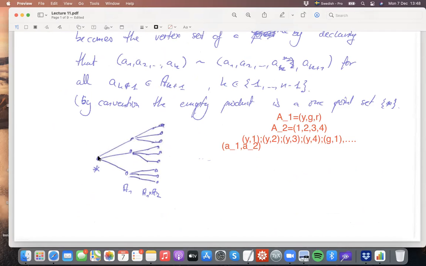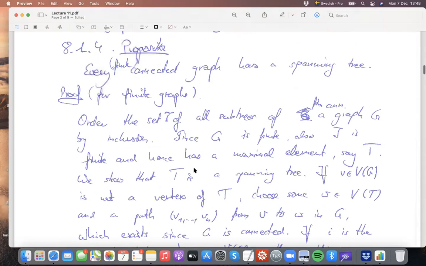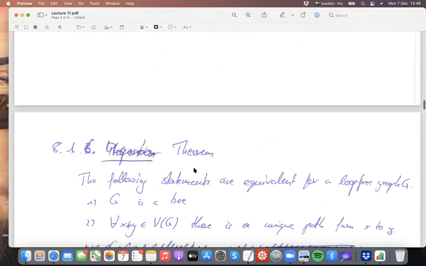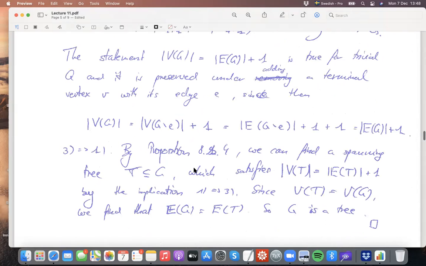So this was a root. We plant it into the ground, and these would be branches growing from our root, and these would be further branches, and so on and so on. So mathematically we're just choosing one single vertex and saying that this would be our root.